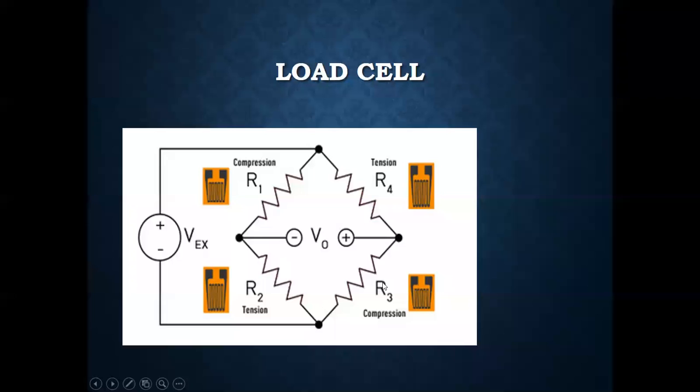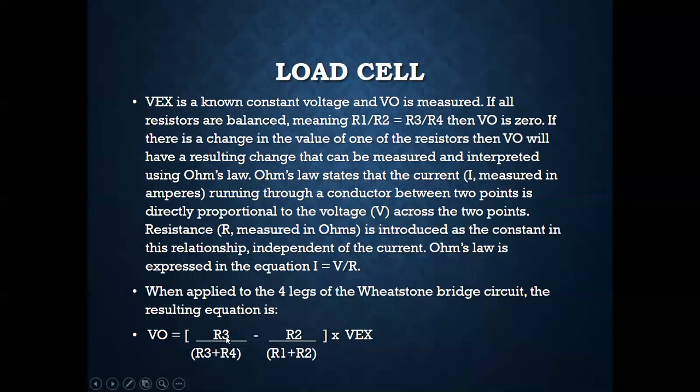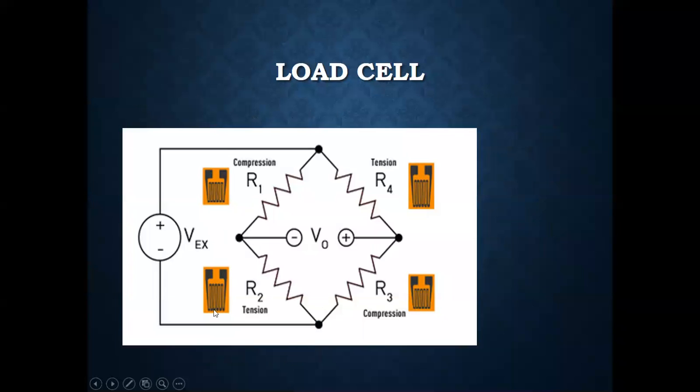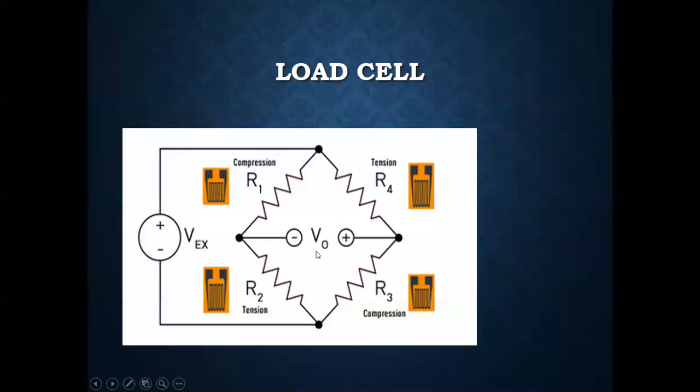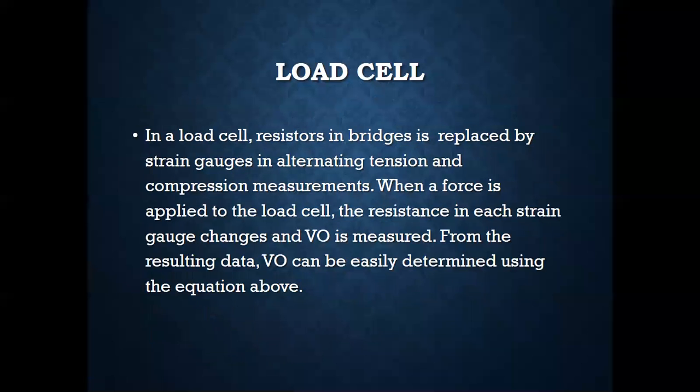So the output voltage is the difference between the two, that is, R3 divided by R3 plus R4 minus R2 divided by R1 plus R2, into the input voltage. This is the output voltage in a load cell.